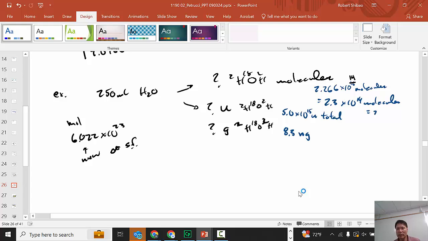So this would be equivalent to 230 trillion, and this would be equivalent to 5,000 trillion. Just different ways of expressing the same number.